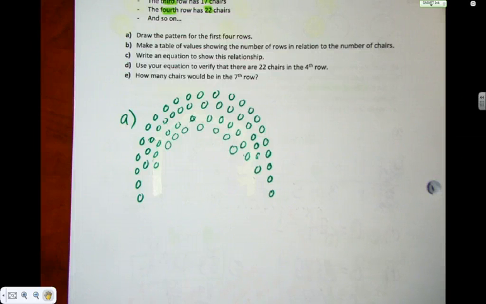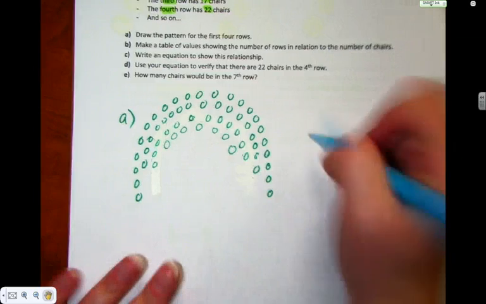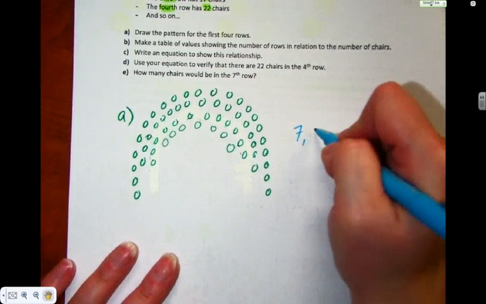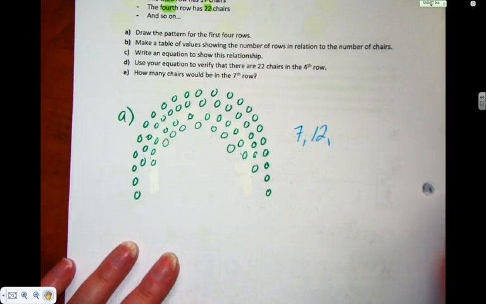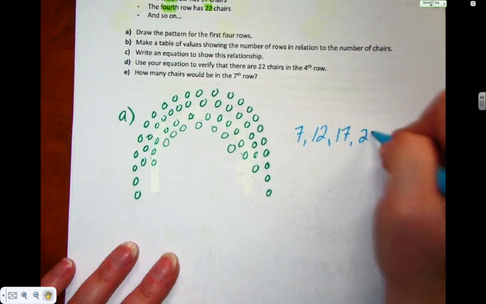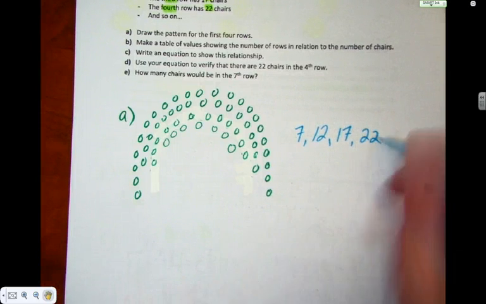If you're not visual, then don't worry about this diagram. You can just write out the pattern. The pattern is 7 followed by 12 followed by 17 followed by 22, dot, dot, dot.